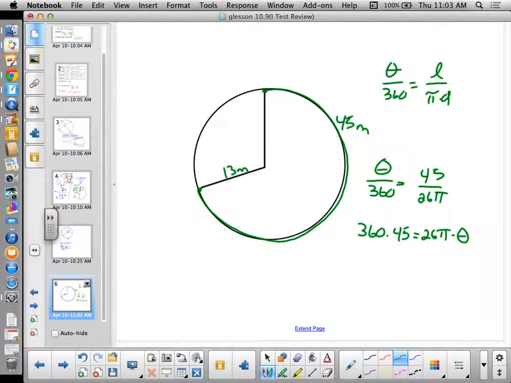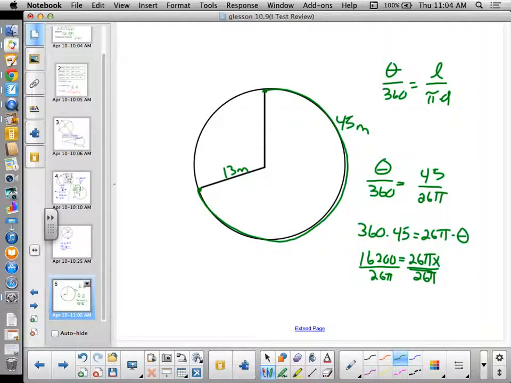Putting that in my calculator, I get 360 times 45. Hold on. 16,200, yep. Now I have to divide by 26 pi. That'll give me theta.